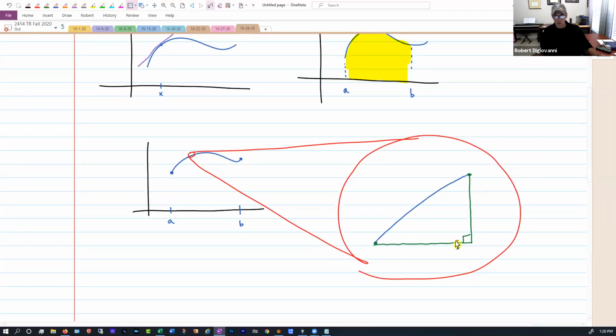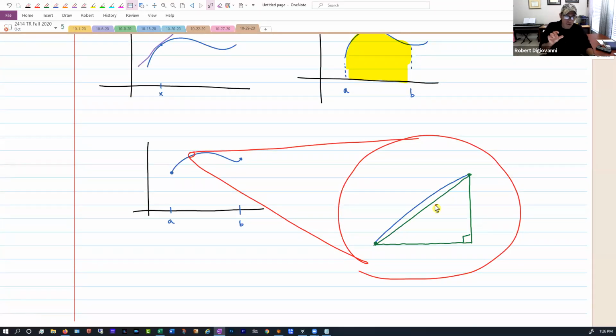Now we know already that this blue curve is curved. It's not necessarily a straight line, but the right triangle that I create here, that green piece, the hypotenuse, is pretty close to the length of the blue curve. I mean, there's a lot of error there, it's not the same.